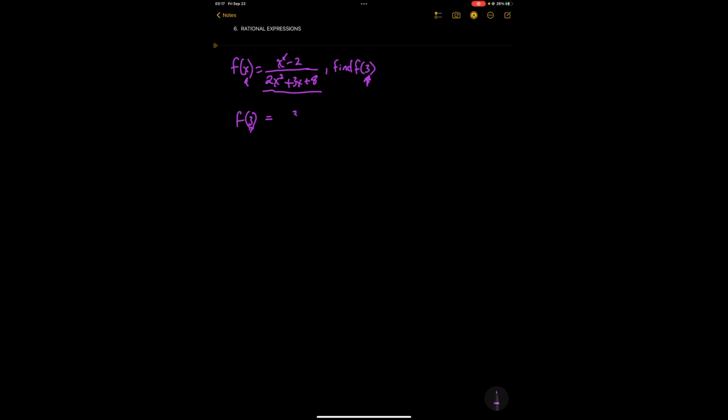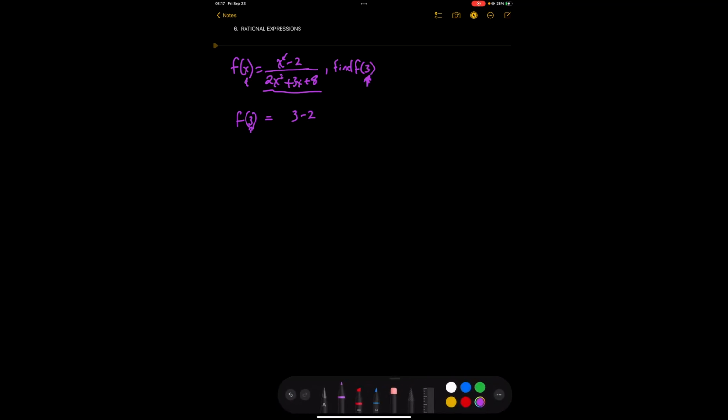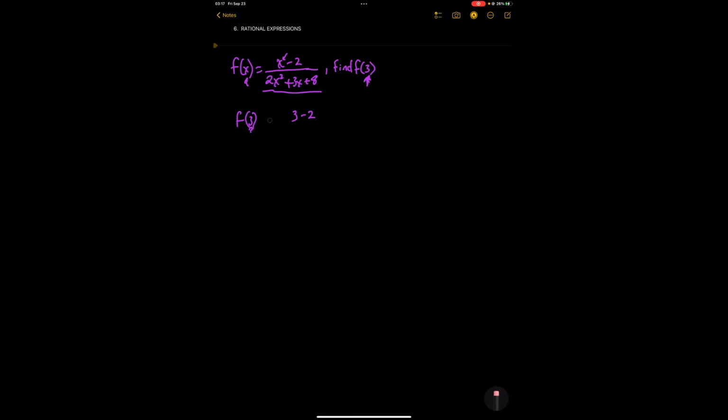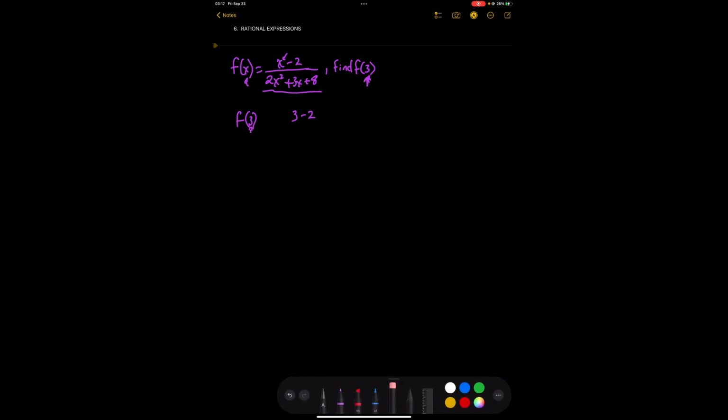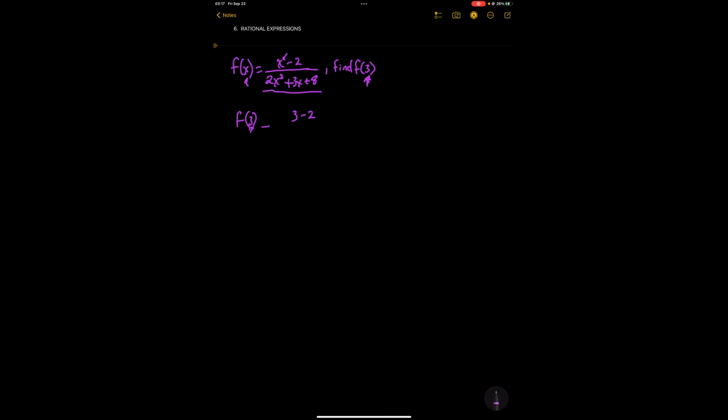So I have 3 minus 2. Just a quick tip. I don't know if most teachers are like that, but when I was growing up, when you're writing the function, make sure the horizontal bar that divides the numerator and the denominator is in between the equal sign.